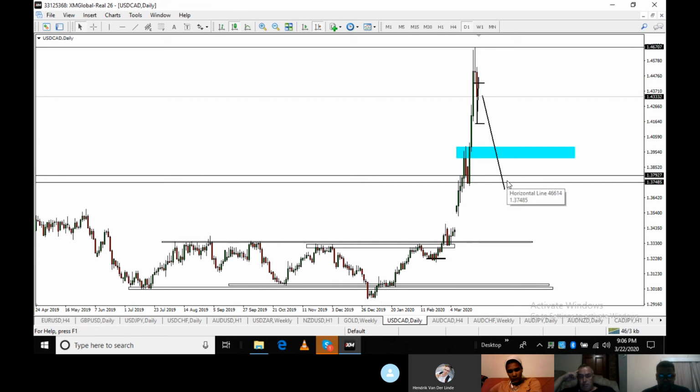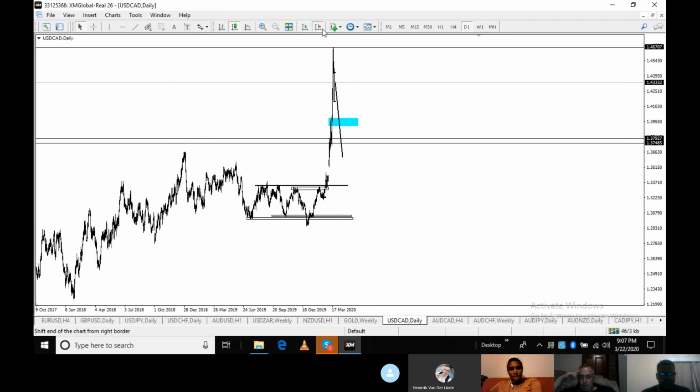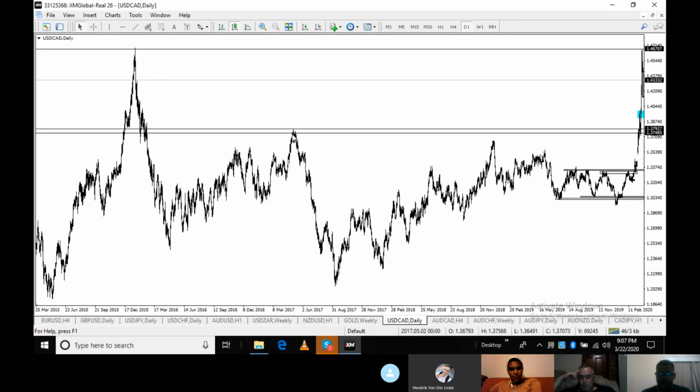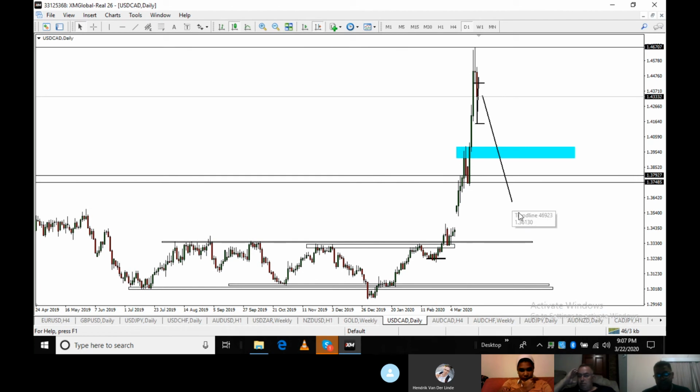If it drops below this level, I'm gonna expect it to do what its previous points did when the market came there. So it came from the bottom, retested, and shot back down. So if price runs up all the way on the support zone and it breaks below here, I would honestly expect price to do this. No cap.